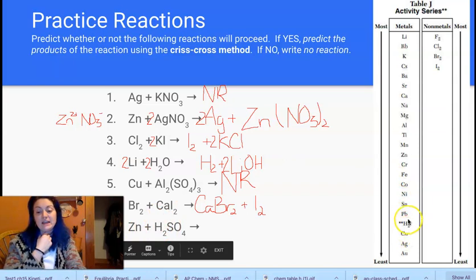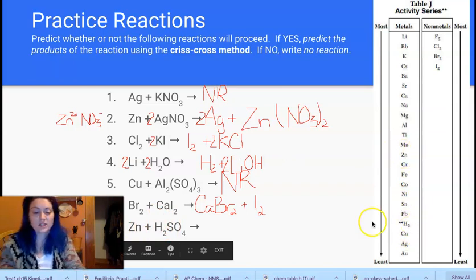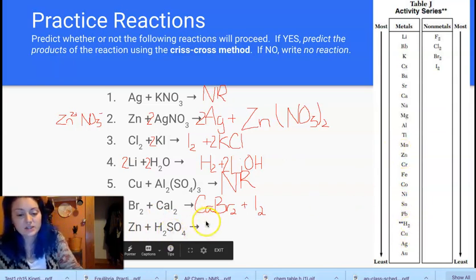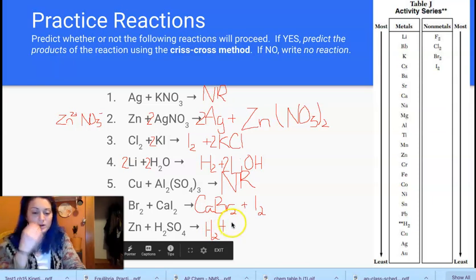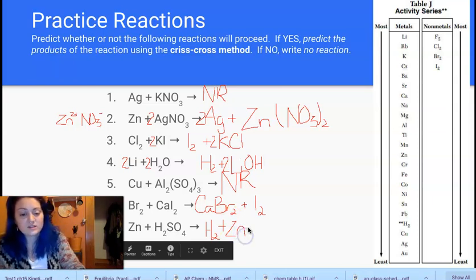Hydrogen is fairly inactive. Zinc is more active than hydrogen, so yes, this reaction will proceed. Again, kind of as we saw earlier, hydrogen is going to come out as H2, and you are going to form ZnSO4. Zinc always goes 2+, sulfate is 2-, so this is going to be a 1-to-1 ratio.